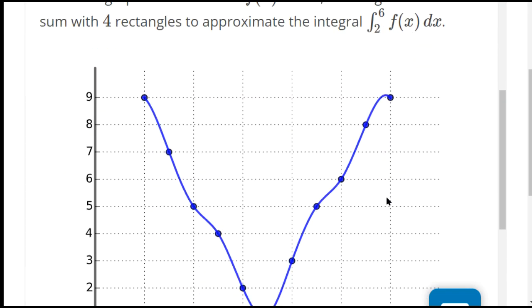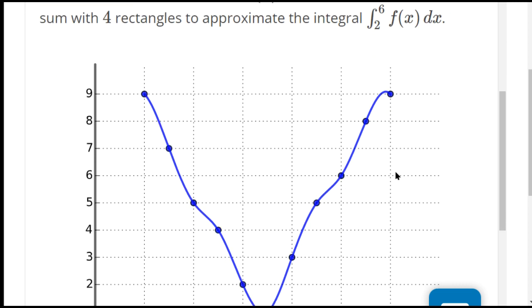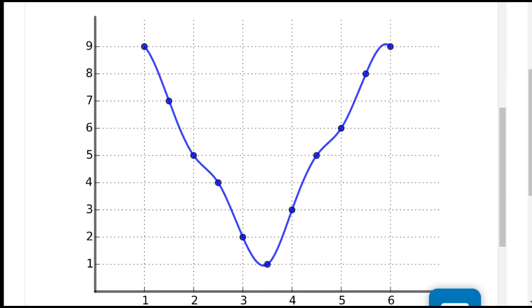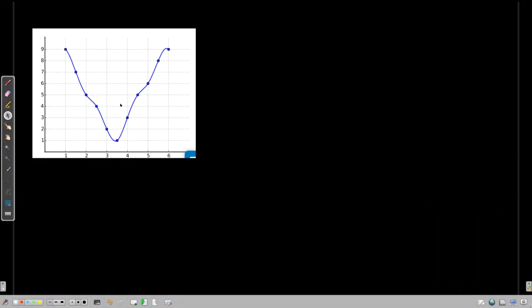All right. Given the graph, use a right Riemann sum with 4 rectangles to approximate this integral. Okay, let me get a picture of it. Let me make it bigger.